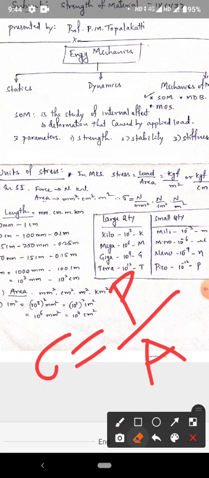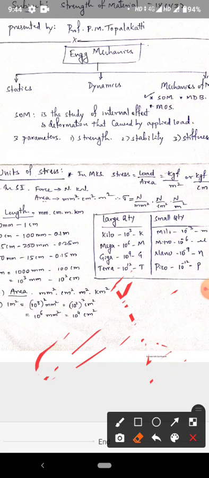Then if you consider the units, the stress unit is in terms of kgf per meter square with respect to the MKS system. If you consider the SI system, the force is measured in Newton or kilonewton, and the area in mm square or centimeter square.